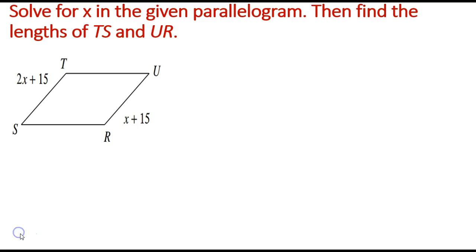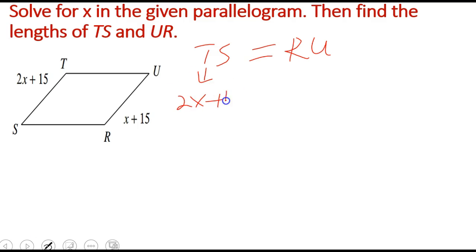Okay. Next, we have to find the lengths of TS and UR. Well, this is a parallelogram. Opposite sides are congruent, so we know that TS must be equal to RU. So 2x plus 15 equals x plus 15.